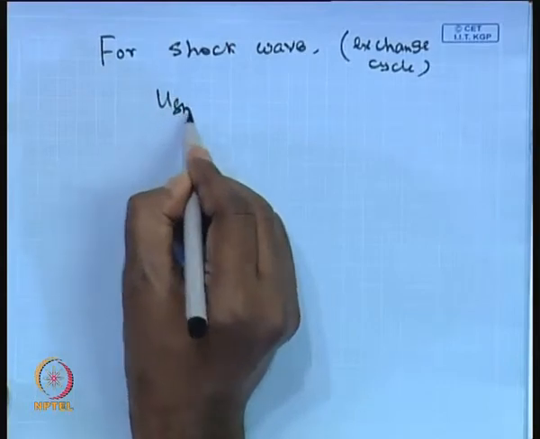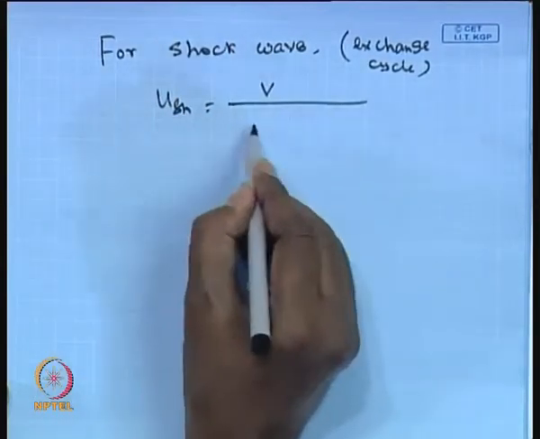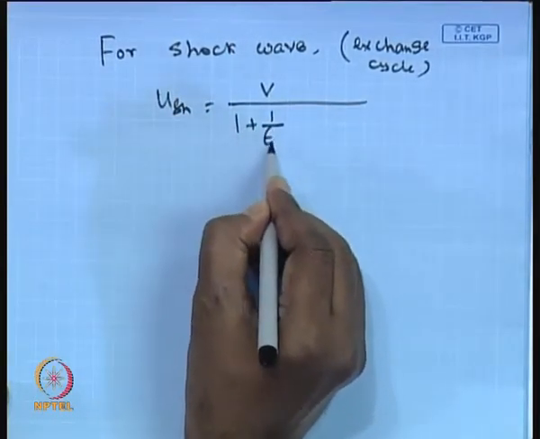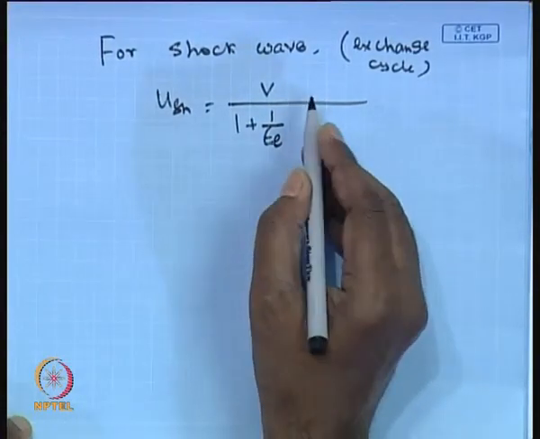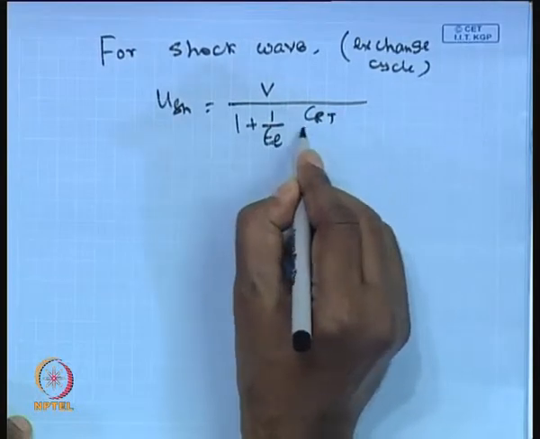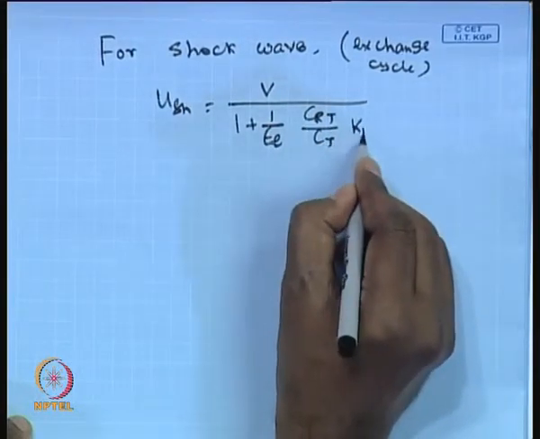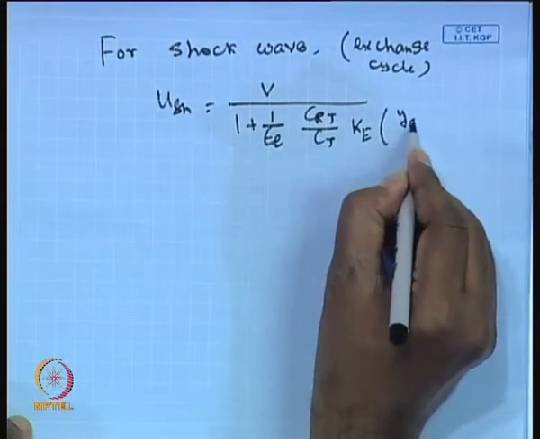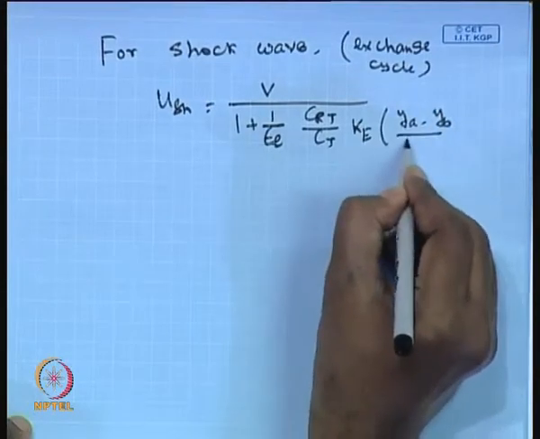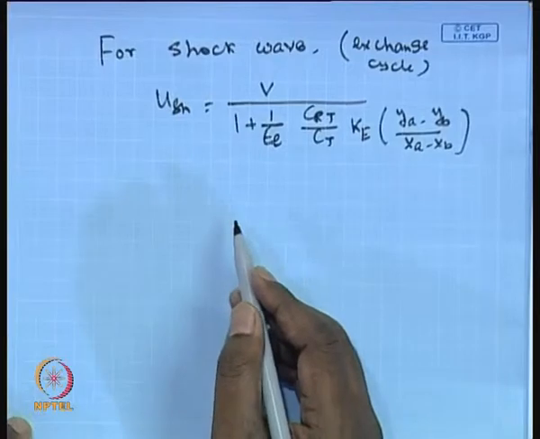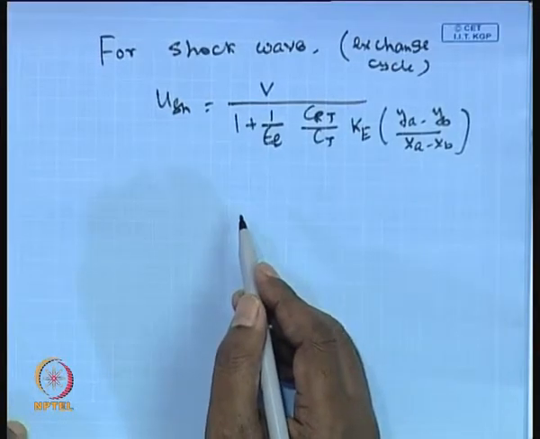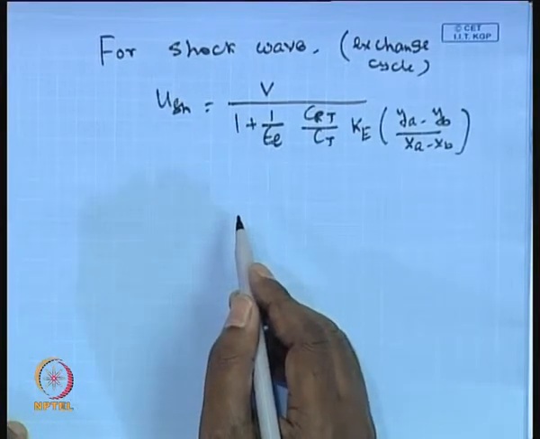U S H is equal to V divided by 1 plus 1 over epsilon E. Epsilon is the interparticle porosity, C R T divided by C T multiplied by K E, Y A minus Y B divided by X A minus X B, where the subscript A refers to after and B refers to before the shock wave.